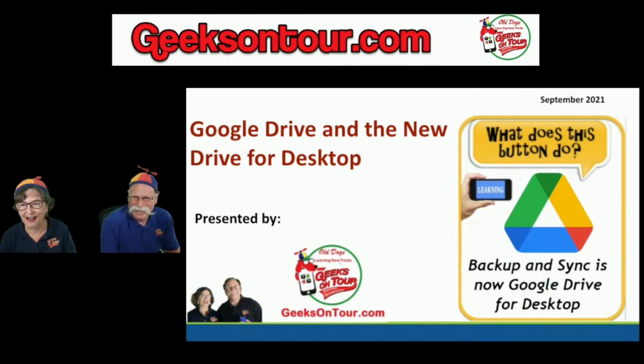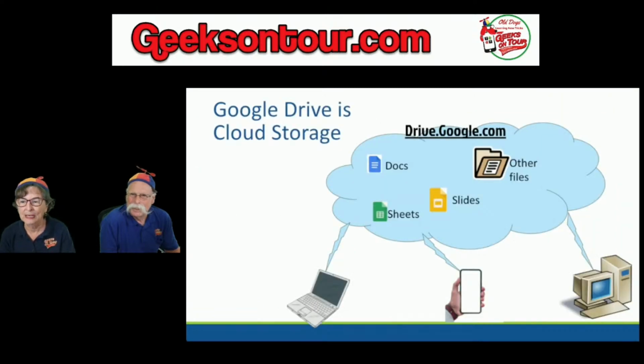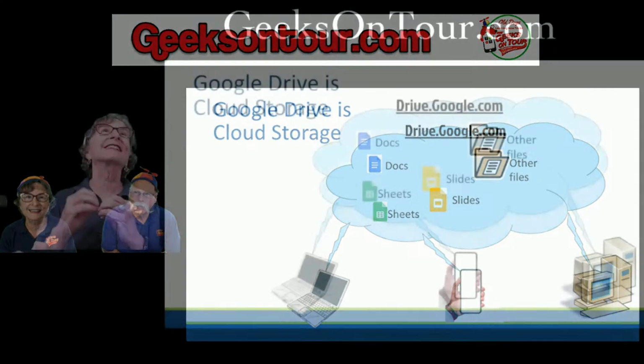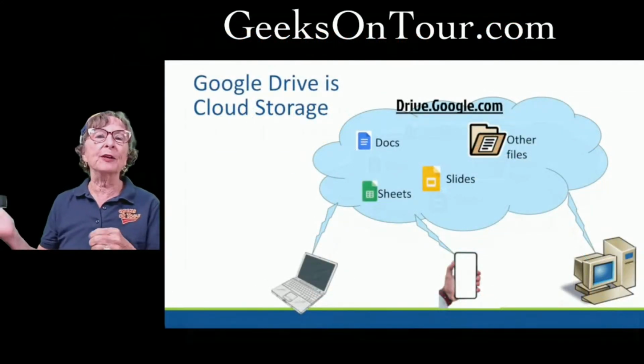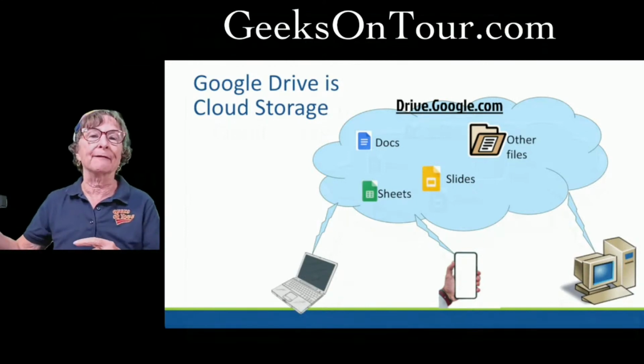There's the icon, the triangle. I love things that are in threes, and I'm going to continue that in explaining what it does. Backup and Sync is now Google Drive for desktop, and it does basically the same thing, but there are some critical differences. First off, Google Drive is cloud storage. Like we showed in our first little demo, we just used Google Drive from a web browser.